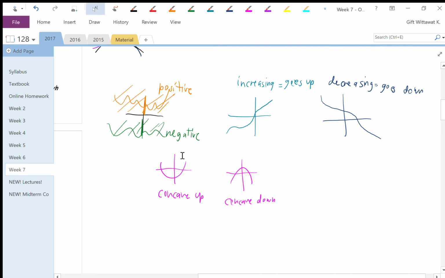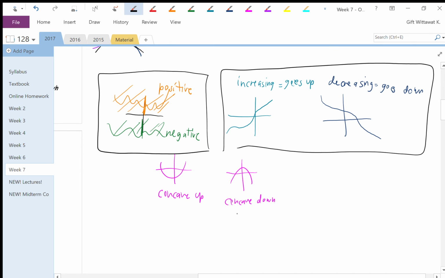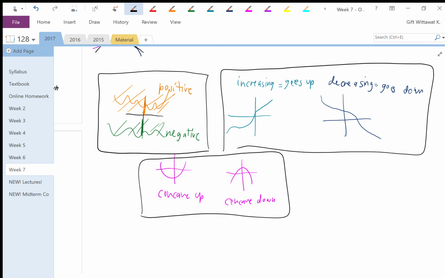So again, these three features of functions: whether my function is positive or negative, whether my function is increasing or decreasing, whether my function is concave up or concave down, the three features work independently, so they have nothing to do with each other. When a function is concave up, it can actually be decreasing or increasing.